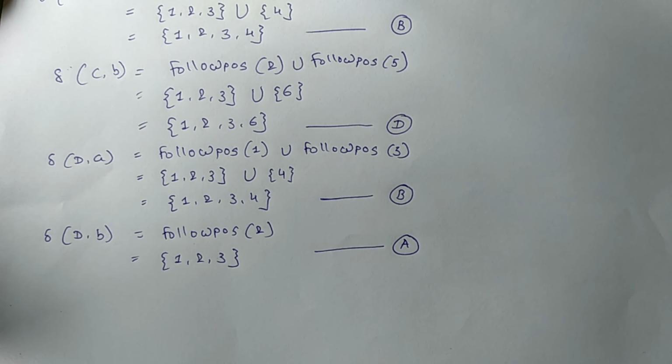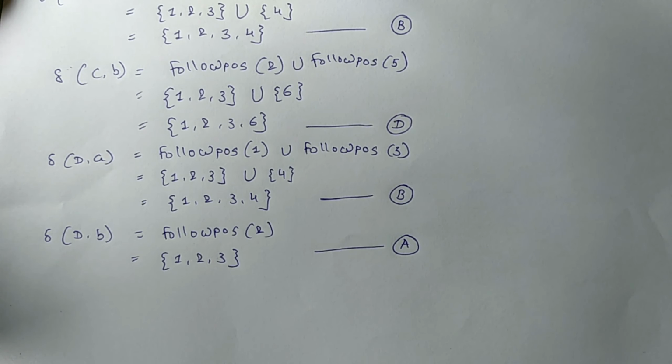Now draw the transition table. From A to A you get B. A to B you get state A. B to A, B. So put all these entries in the transition table.